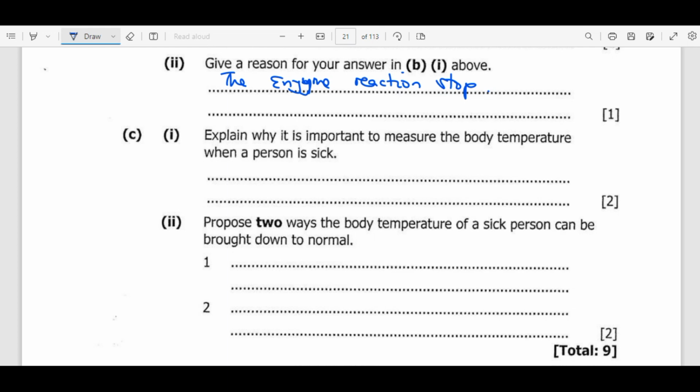So they have to measure so that the body does not harm these enzymes.